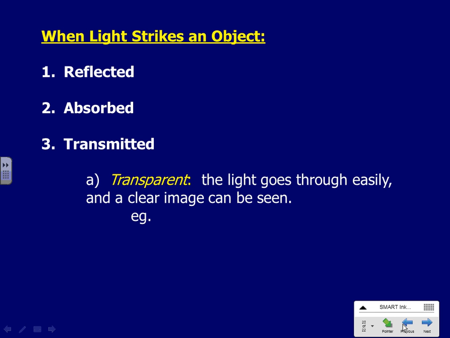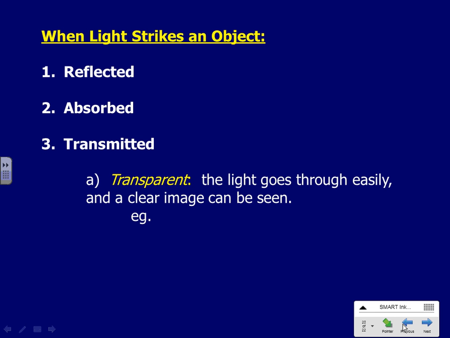So a combination of transmission and absorption is what results in colored transparent materials like solutions or colored glass or colored plastic, that you might get off of a candy wrapper, that might have a little color to it. It's a combination of absorbing certain colors.